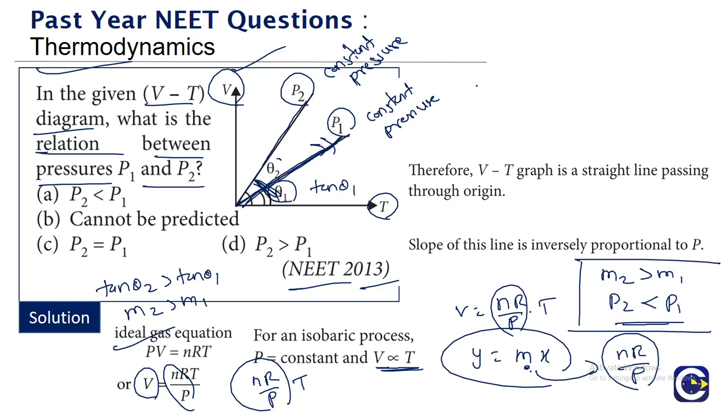Tan theta in the first quadrant, 0 to 90, increases with theta. So the second line has a higher slope, so the pressure is less, P2 should be less than P1. So the correct answer is option A.